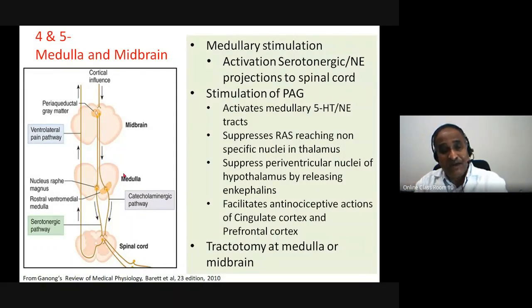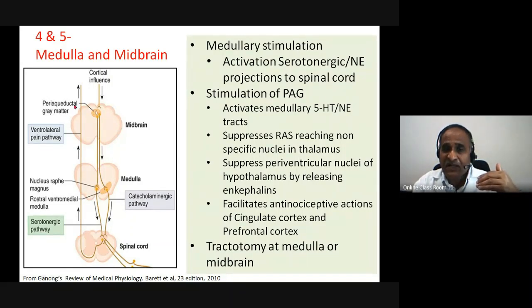So you will end up with more problems than what the pain is about. So that is what activation of these things produces, or suppresses the pain, through the enkephalinergic neurons. Here, if you come, this is a little safer than these areas.